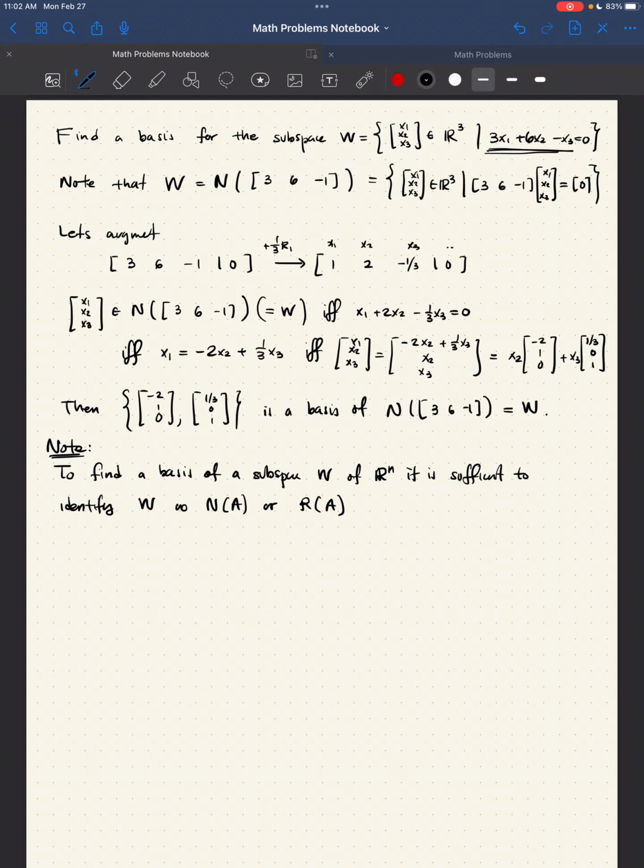Because we have methods to find bases for null spaces, and we have methods to find bases for ranges of matrices.